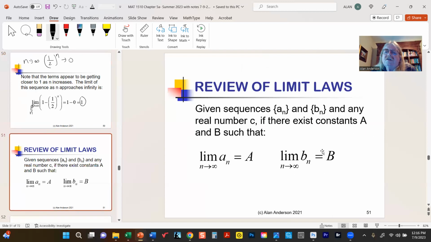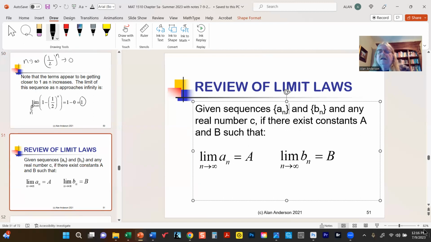All right, now, just because we're probably going to need these, we're going to have a quick review of limit laws, as they're called. So we have two sequences, which we're just going to write with this notation. The index almost doesn't matter. I don't think it affects any of these results, so we'll just leave it like this. And some constant c, which is a real number.